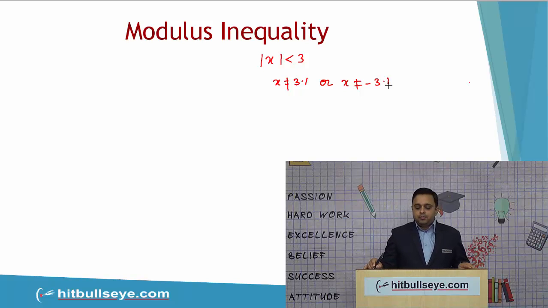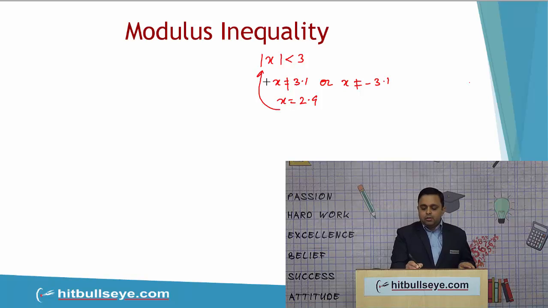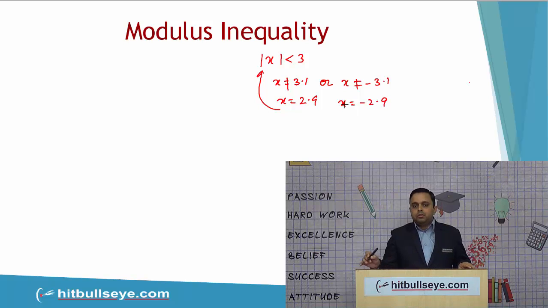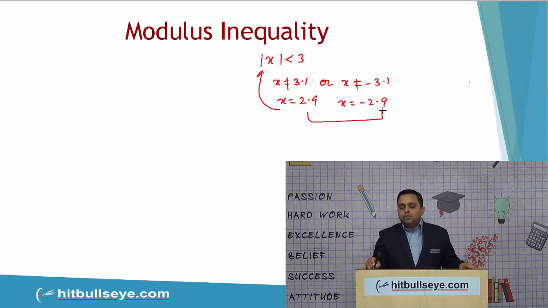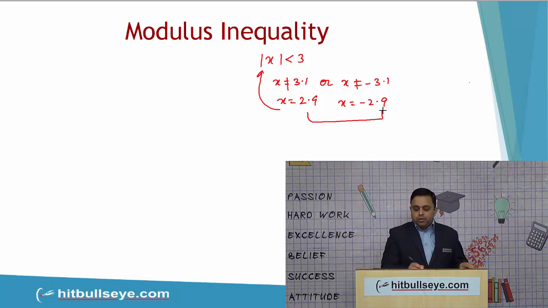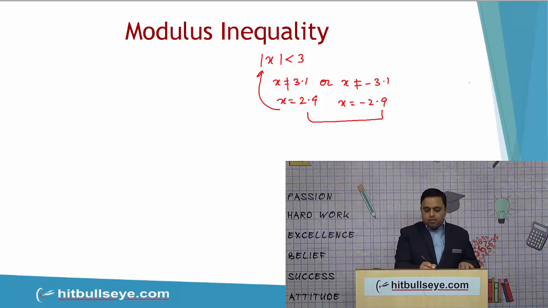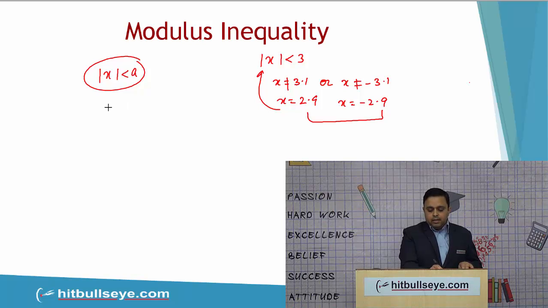But if you put x equal to 2.9, yes, it is a solution, as well as x equal to minus 2.9. So all the points between these 2 points are the solution set of this inequality. We can generalize this result: if mod x is less than a, then x lies in between minus a and a.